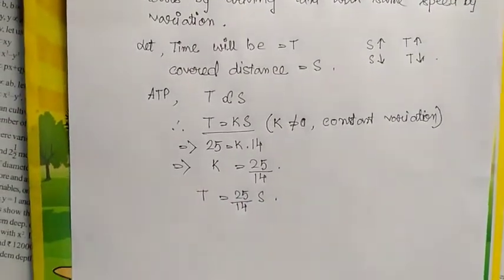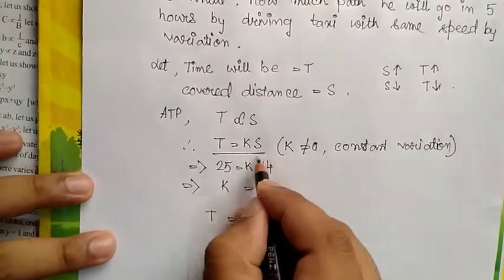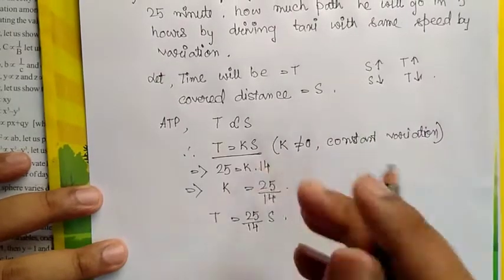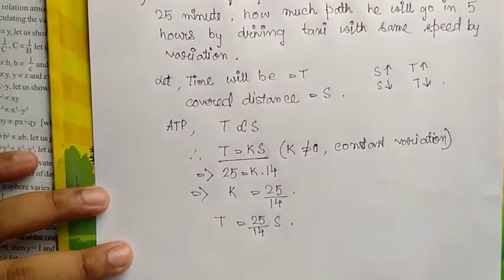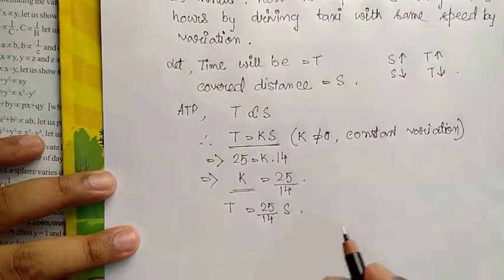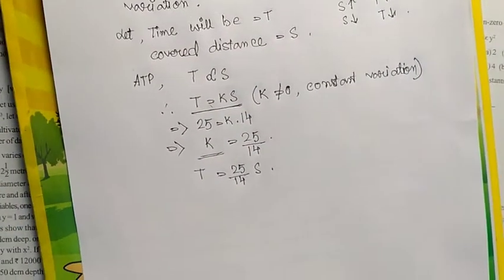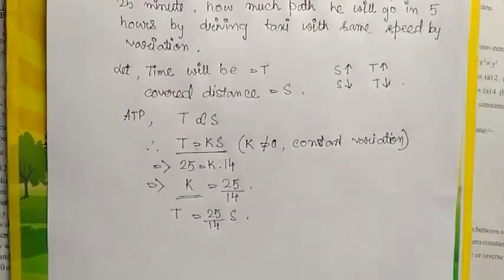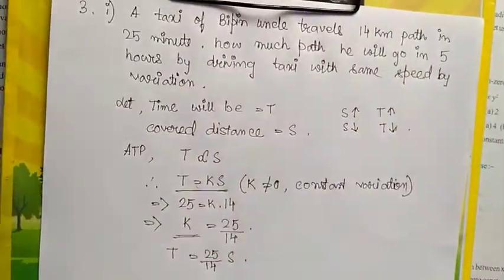First of all, in every sum in this chapter, this is the formation for only direct variation sums, and after that, first of all, we have to find the value of k, and therefore we have to put those values in this equation. So after that, the question is how much path he will go in 5 hours.